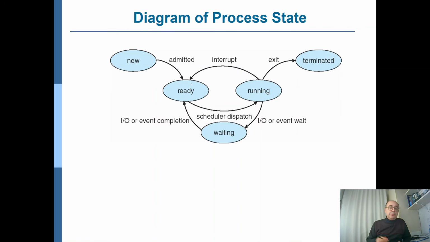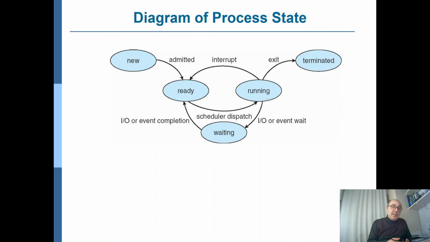And at some point, the process will complete gracefully by coming to the end of the main function, or due to, for example, an error, and it will exit. Now note that only a running process can exit. A process in the ready queue cannot exit, because if it had already come to the end of the main function, that would have happened while it was in the running state.